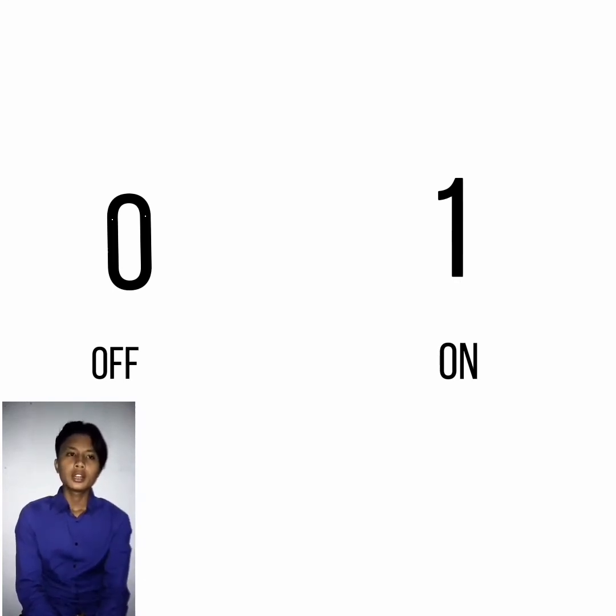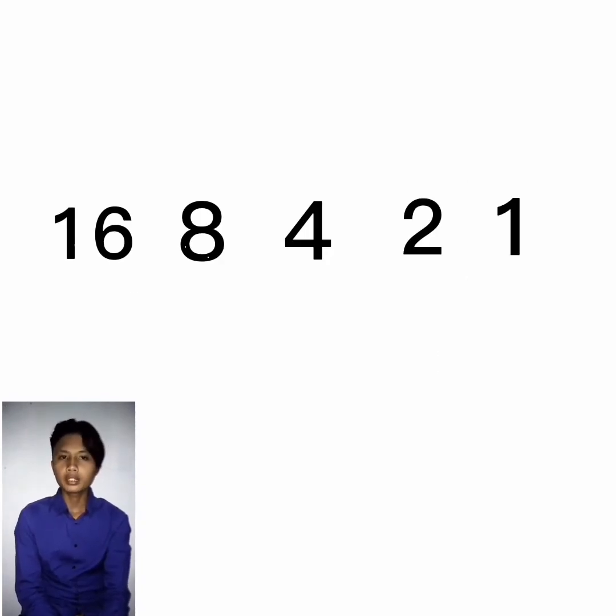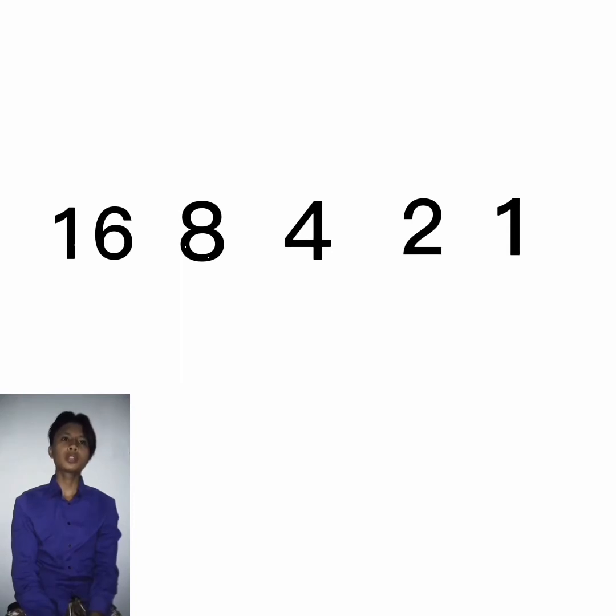Now, the set values are the same for every binary number. They start from the right and move over to the left. The right side being 1 and then moving 2, 4, 8, 16 and so on. It basically doubles every single time.